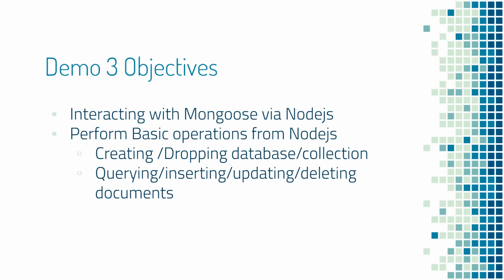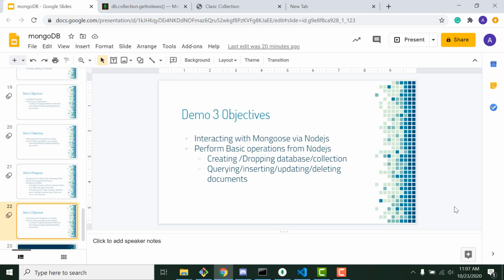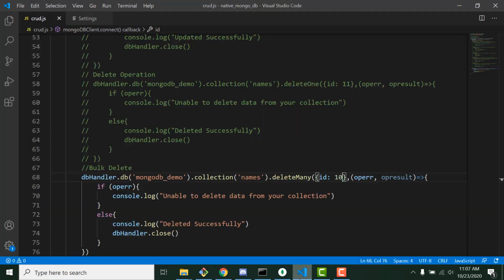So in our demo here for Mongoose, we'll see how we can interact with the Mongoose ODM, and we will perform almost the same operations as what we did back in native MongoDB. Let's go back to our code and see what we did last time when we used native MongoDB.